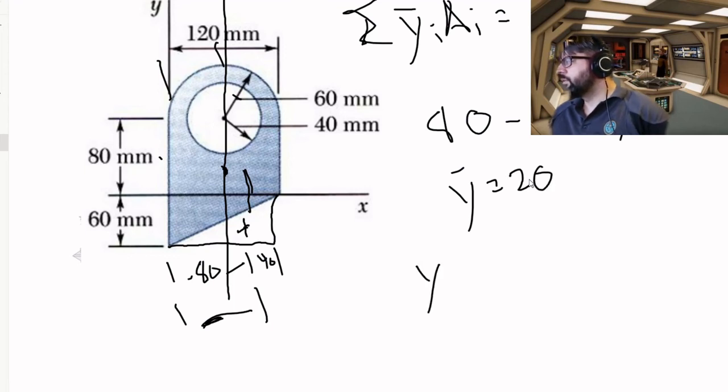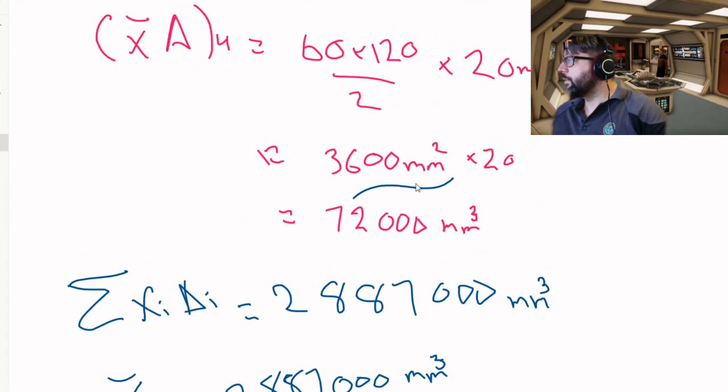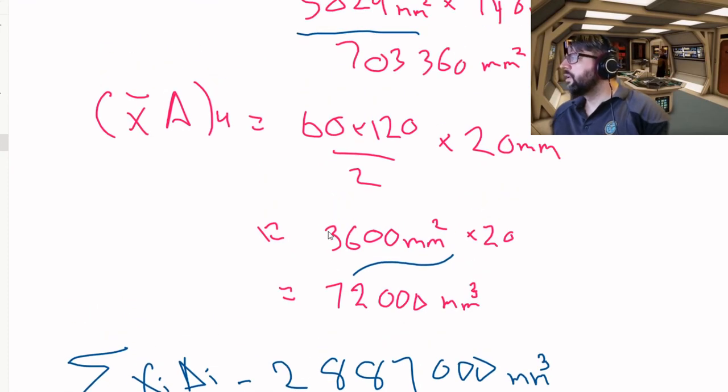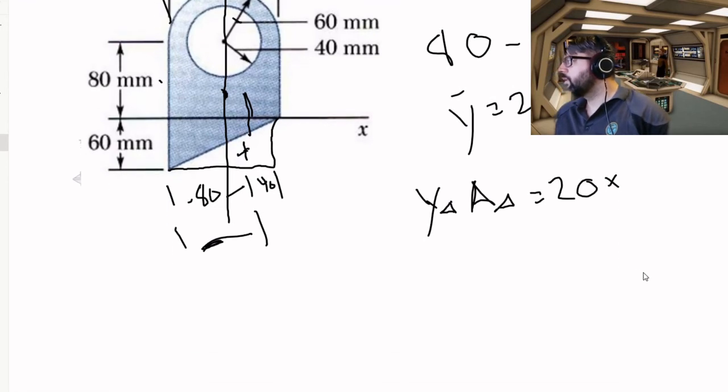So the y bar for the triangle times its area, that's just going to be equal to 20 times, what do we say the area for the triangle was? That'll be 3,600 millimeters squared.